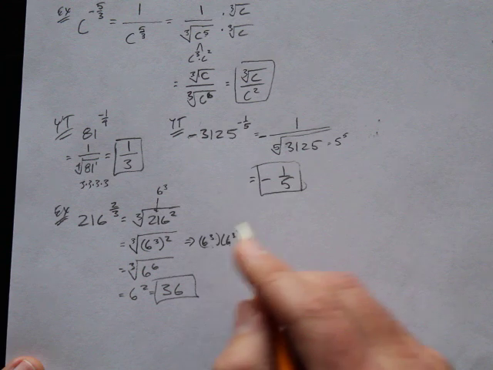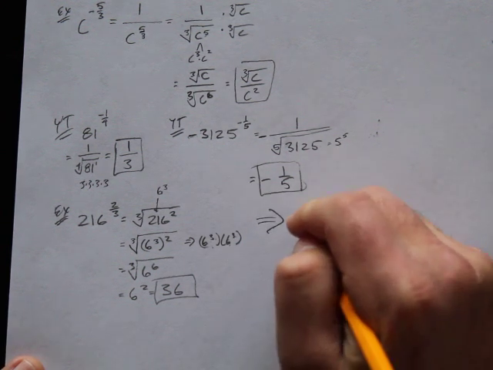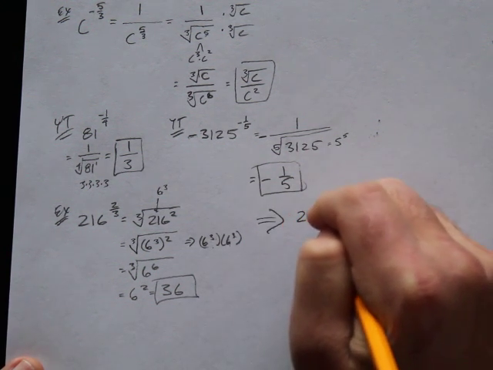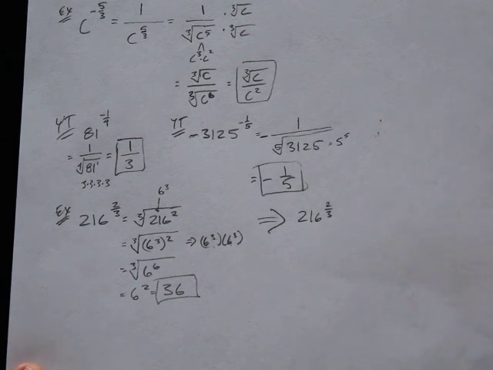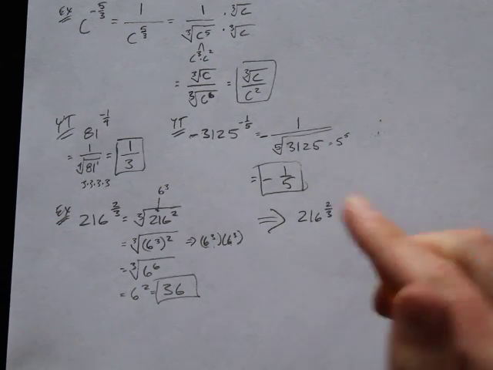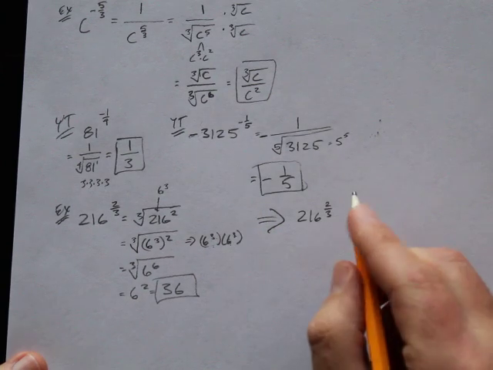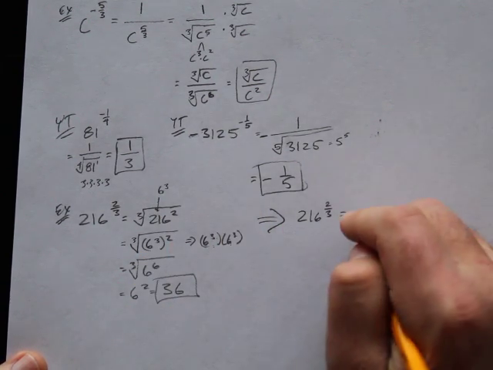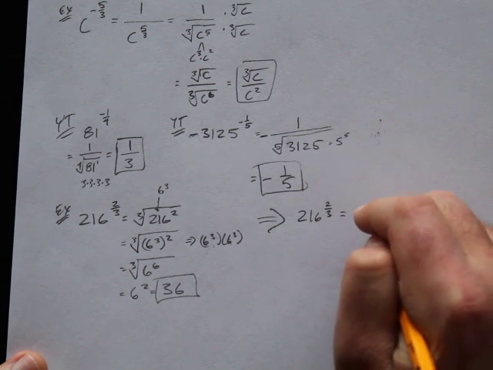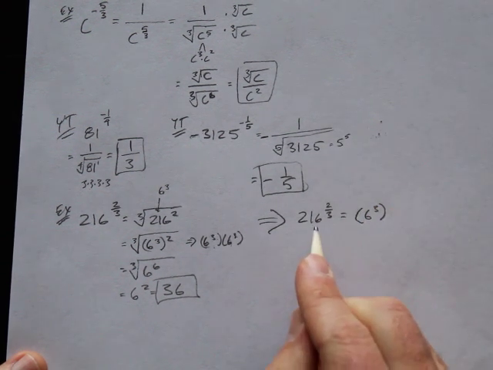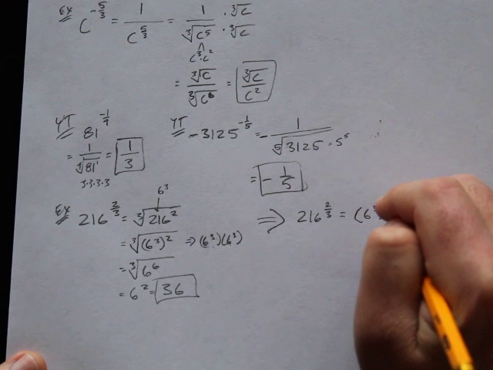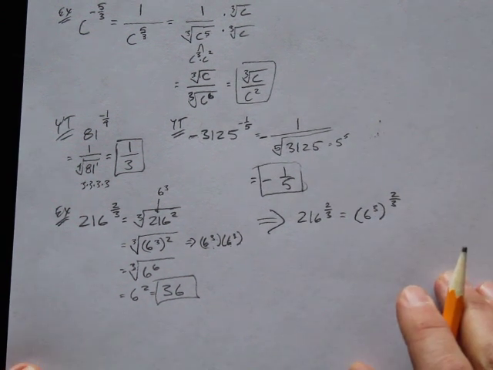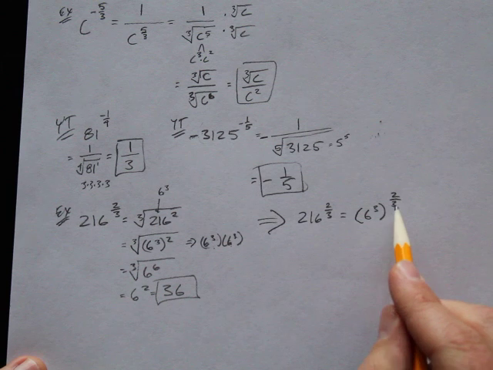Here, let me show you another way to do this one. I've got 216 to the 2/3. Now I can rewrite this as, I already know 216 is 6 cubed. 6 cubed is 216, and 216 to the 2/3 power. Now look at this right here.